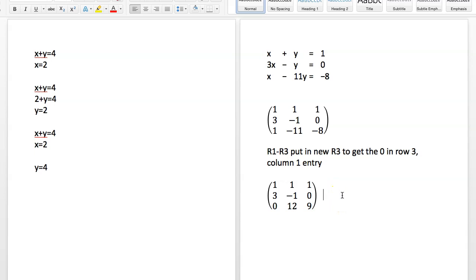Now let's see. Okay, and now let me just go ahead. Well, no, let's see if we can hold all this in our head. Do row 1 minus row 2, and put in new row 2.